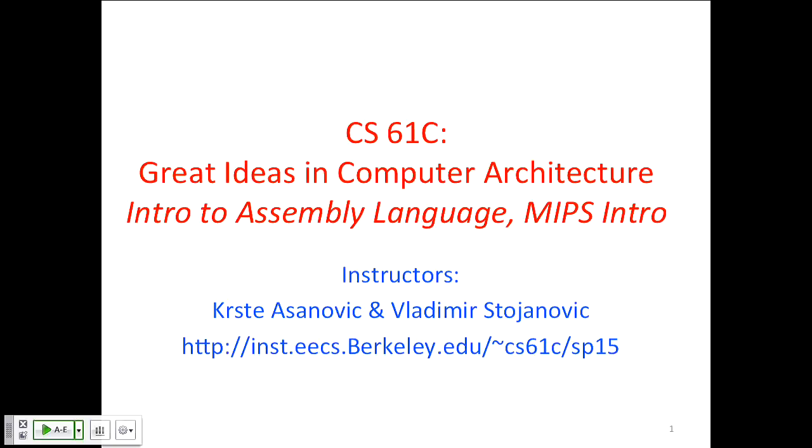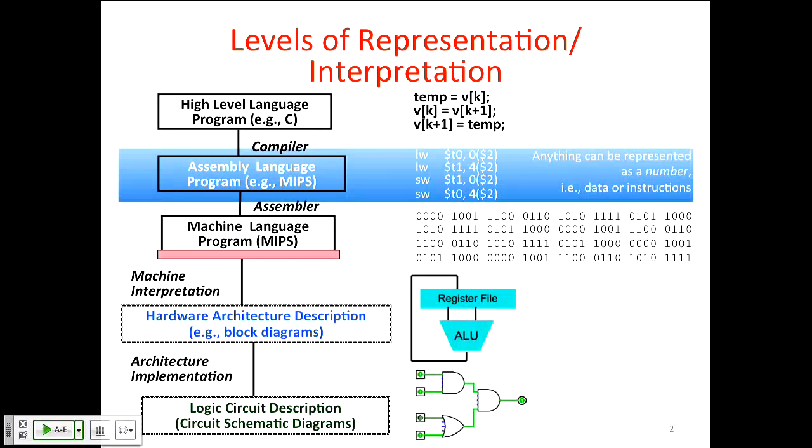So today we're going to talk about MIPS assembly code. Just a brief review of what we covered last time. This is all part of these different levels of representation inside a machine, and we're focusing at the level of assembly language. Remember, assembly language is the human-readable version of machine code, the next level down.